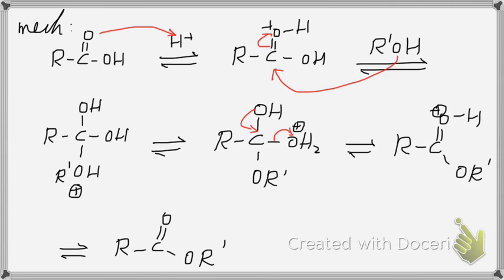Something I want to remind you here, all the steps in the mechanism are under equilibrium. All the steps are reversible. Okay, so going from acid to ester, that's the esterification. We can also go back from ester, the final product, to carboxylic acid.